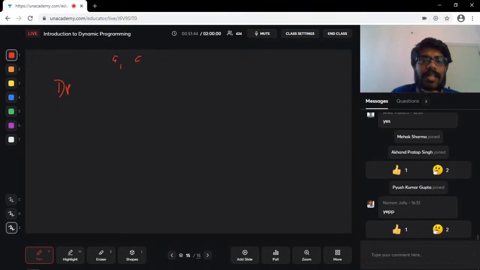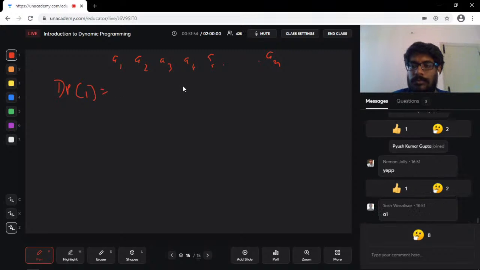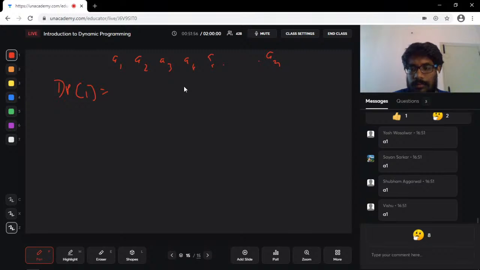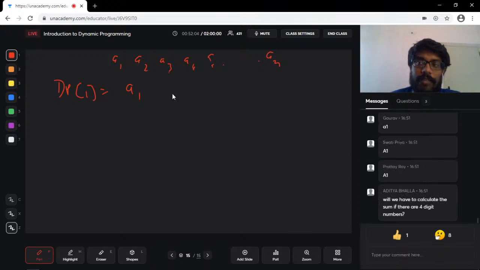Let's say it is A1, A2, A3, A4, A5 up till AN. Okay, what is DP of 1? Yes, it is A1. But you have to be careful here. If there could be negative numbers, then what will be DP of 1?